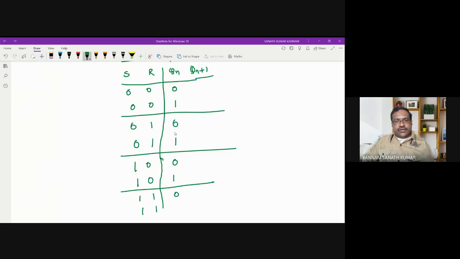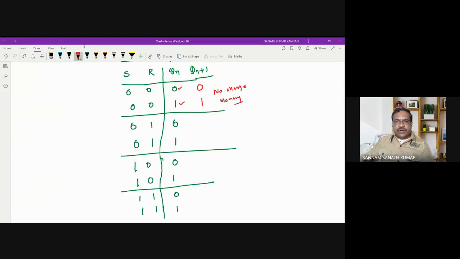Now see here, when S is 0 and R is 0, what is that state? No change, or memory state. Whatever the Qn value is, you will get that.